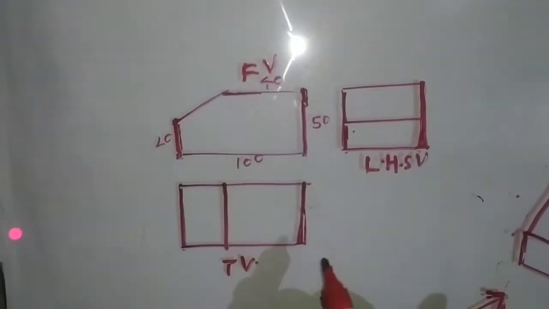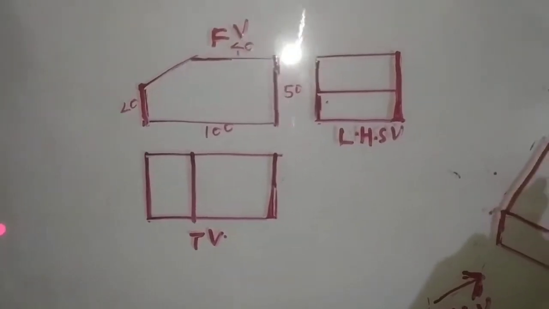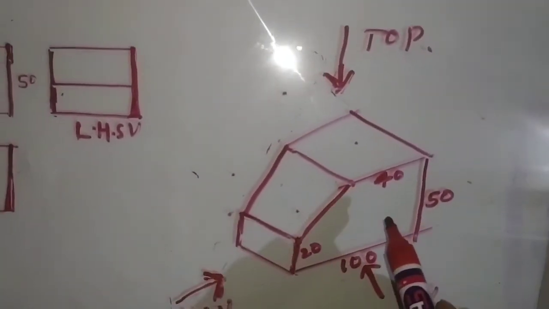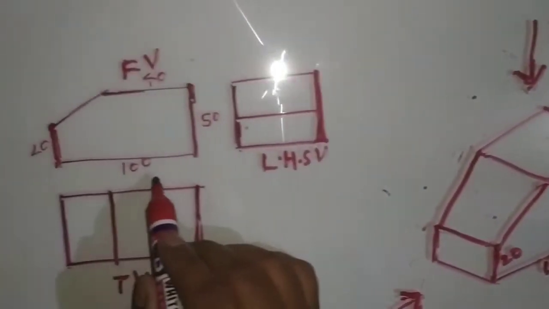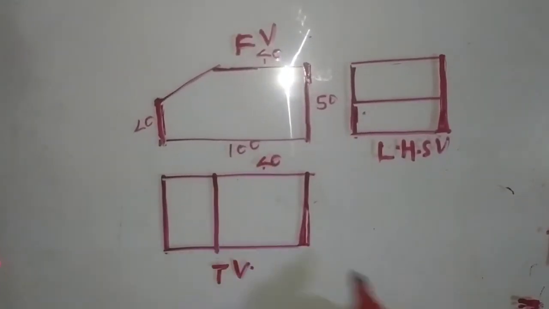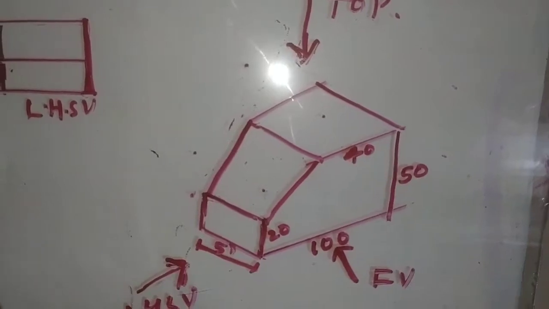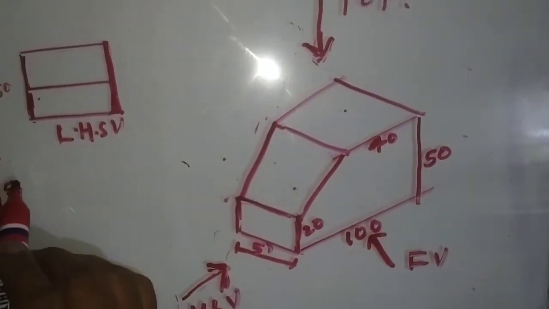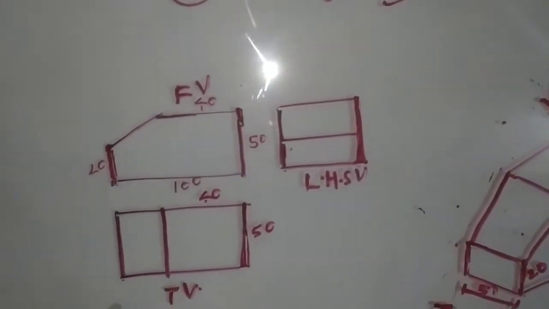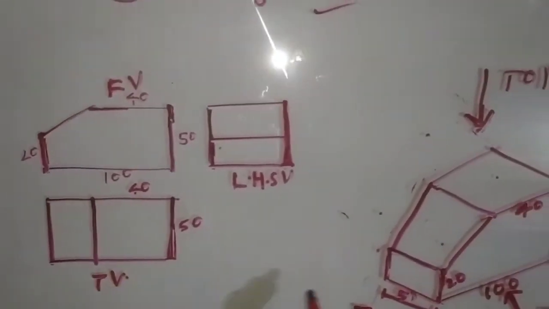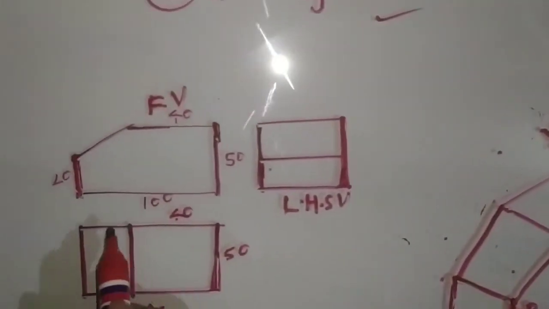Here the true length is observed. In the top view, similarly, this will be the 40, this will be your length 50, this is the total length, that is 100 mm.